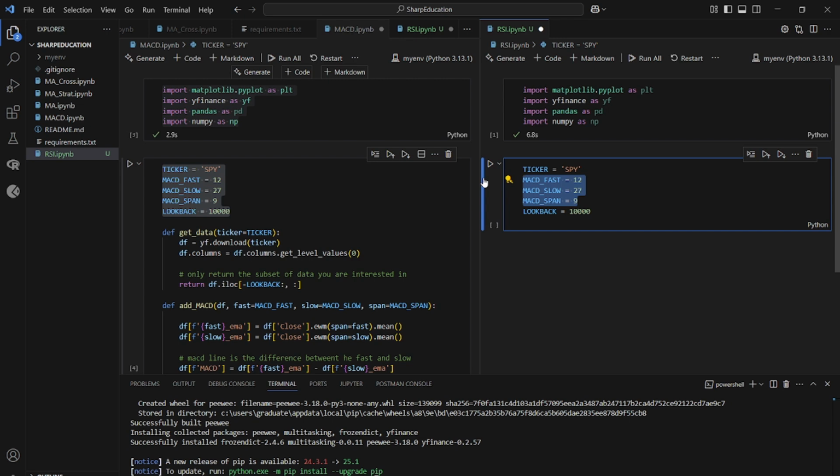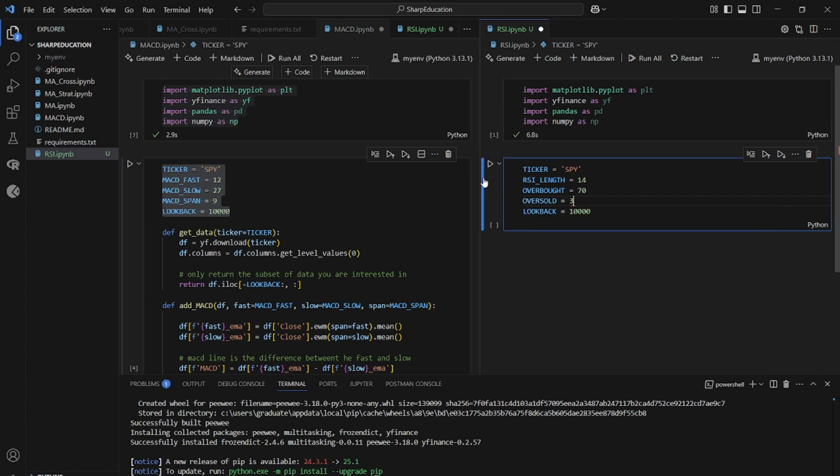By default, it is 14. So we're going to do RSI length is 14. And we're going to define our overbought at 70 and oversold at 30.